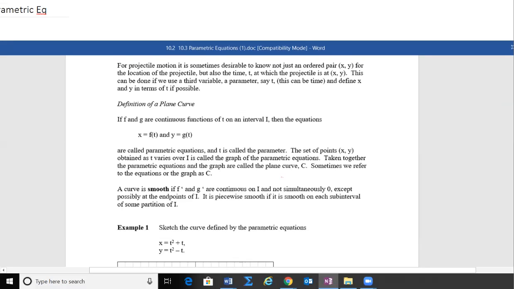What it is, we have a way to take something that's in rectangular coordinates, let's say y is f of x, or even sometimes things that are non-functions. They don't even have to be functions.